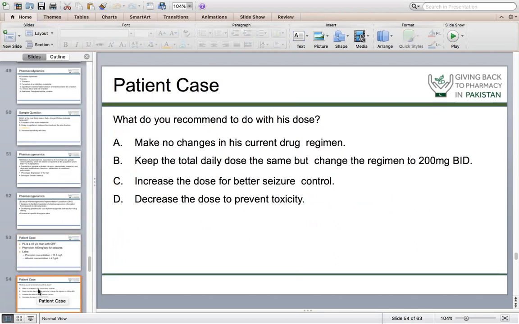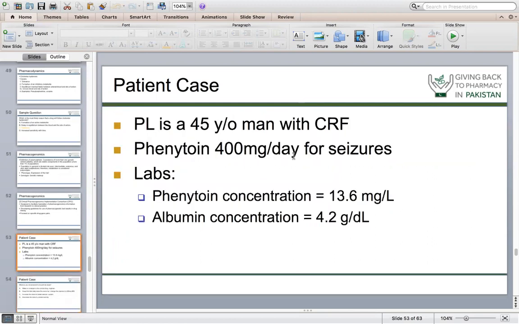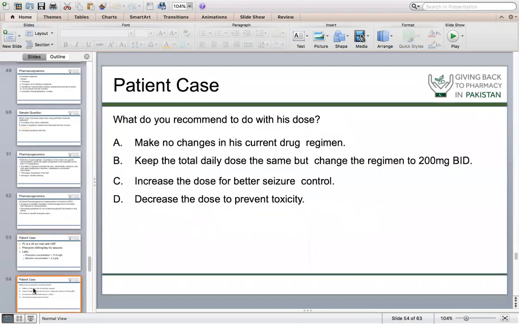So what is the question? What do you recommend to do with his dose? He's already on this dose, 400 milligrams per day, for seizures. What do you recommend to do with his dose?